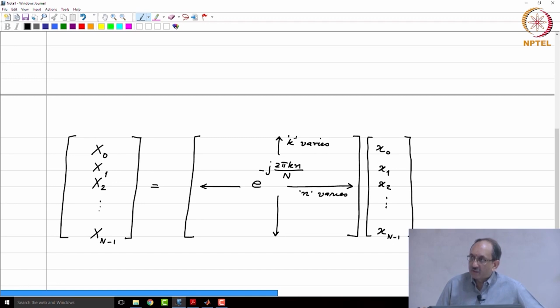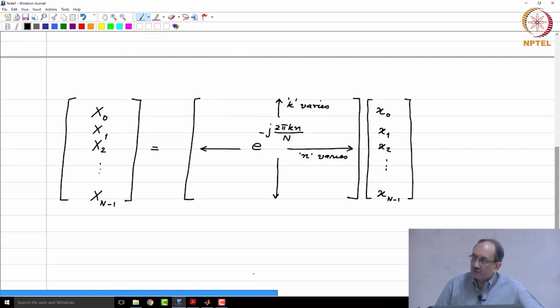So, the DFT equation can be represented compactly in matrix vector notation. This can be written as cap X, which is of dimension N cross 1. This matrix is called the W matrix, and it has dimension cap N by cap N, and this is your data vector, which is again a column vector, and this is cap N by 1.